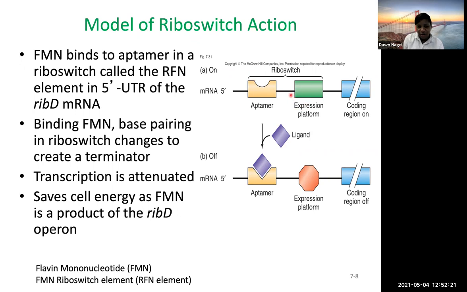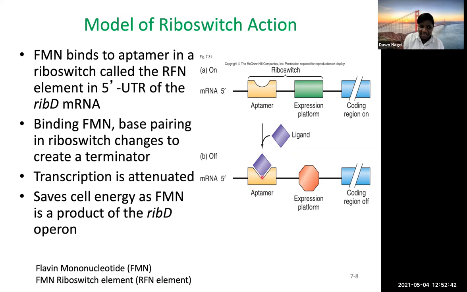This particular situation includes the sensing of a molecule. So if you have a molecule, in this case, some kind of a ligand that can recognize this sequence, this ligand will bind to this aptamer.